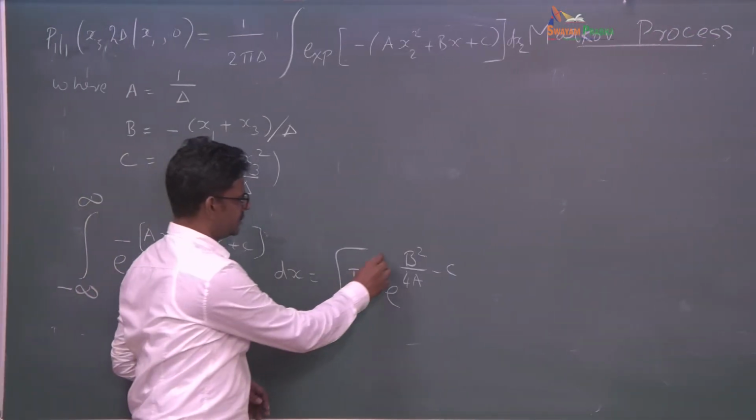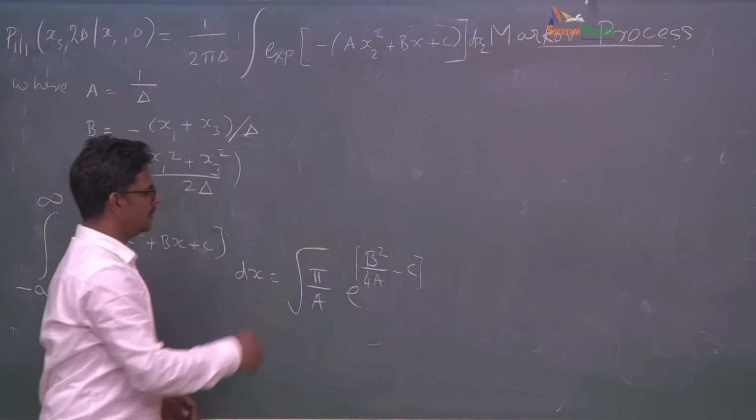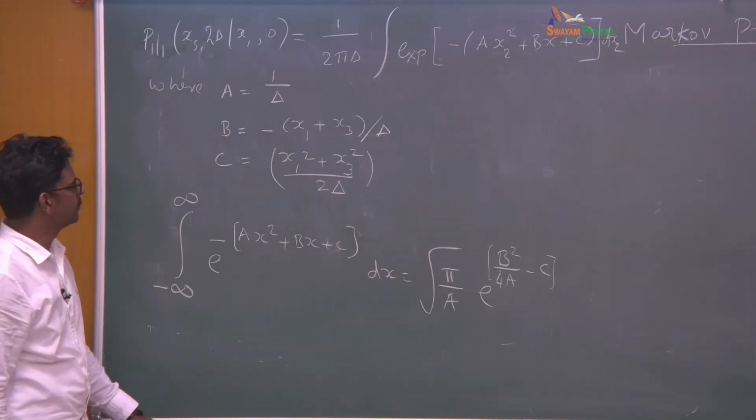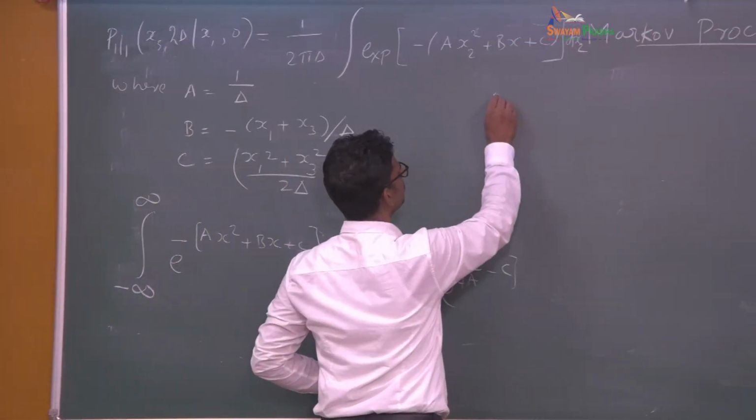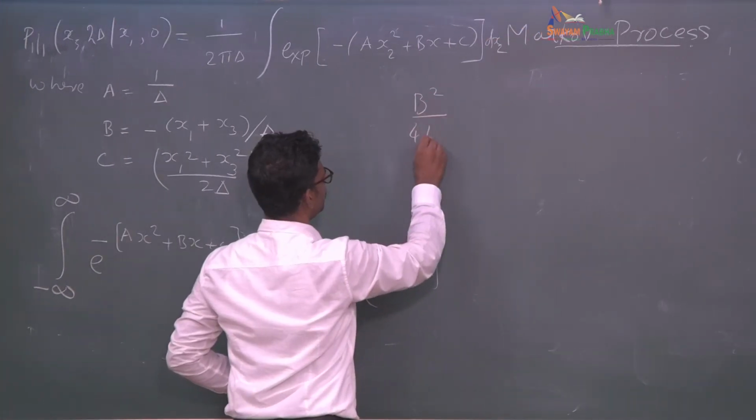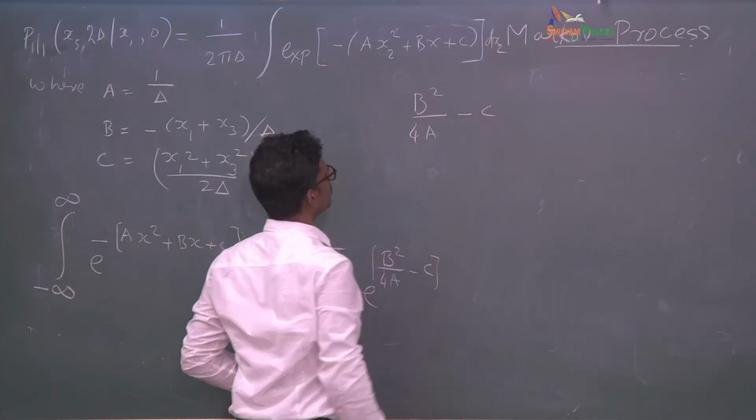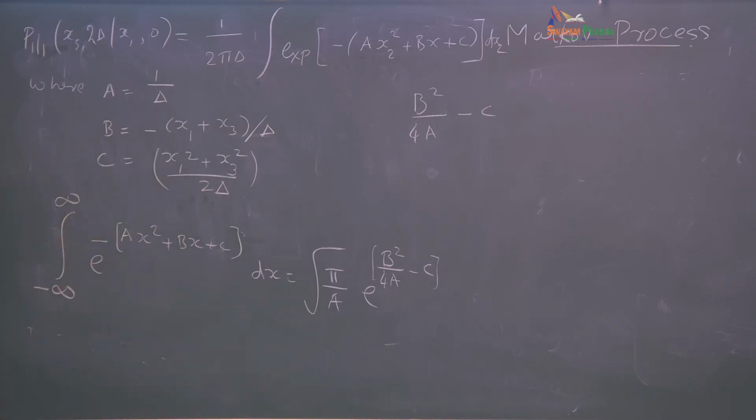So first we will get this exponential term, and then we'll continue. We want to find b square by 4a minus c.